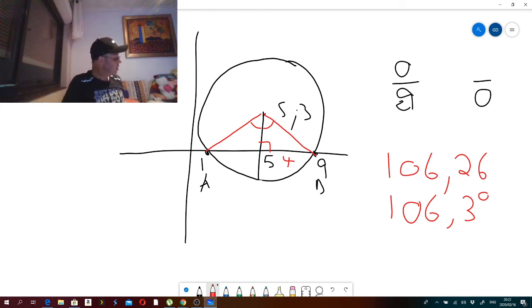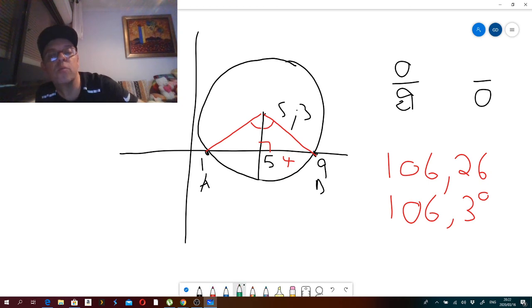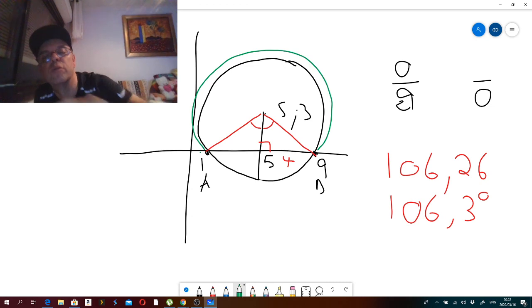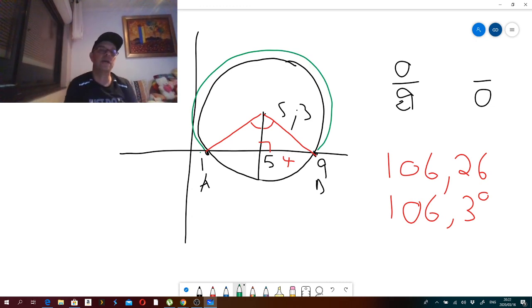And then we've got part D. So part D says that the point D is on the major arc AB. Okay, so in other words, point D must be somewhere along here, because this is the major arc that I'm drawing for you there in green. Okay, so that's the major arc. So D must lie somewhere on that arc of the circle.